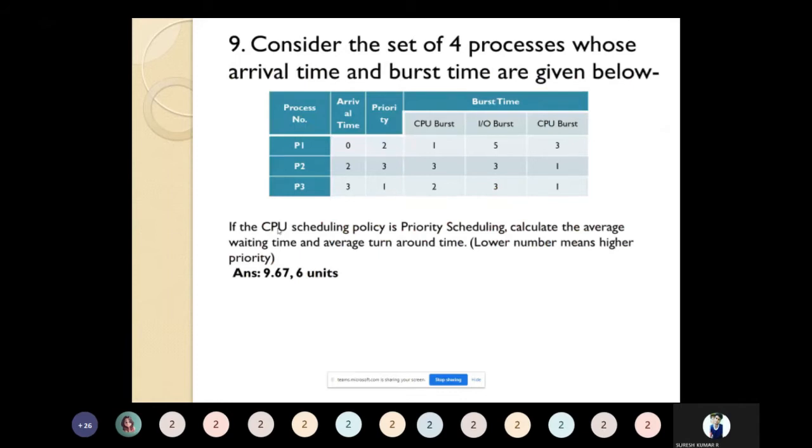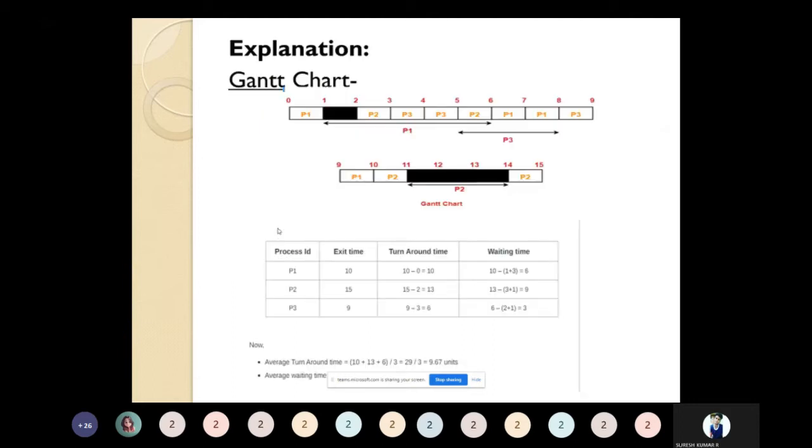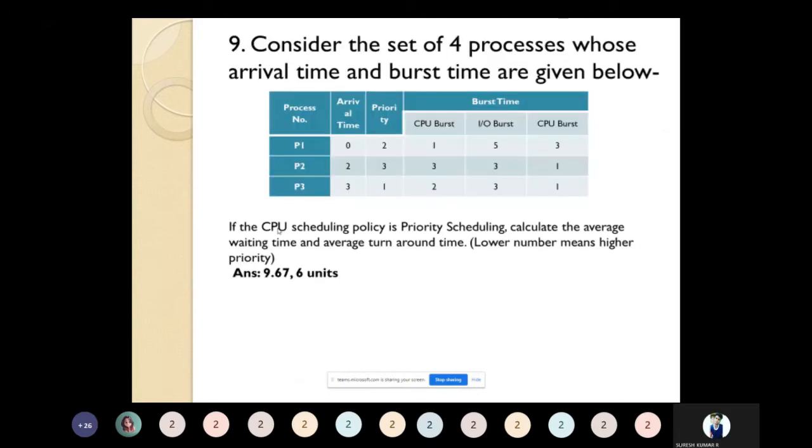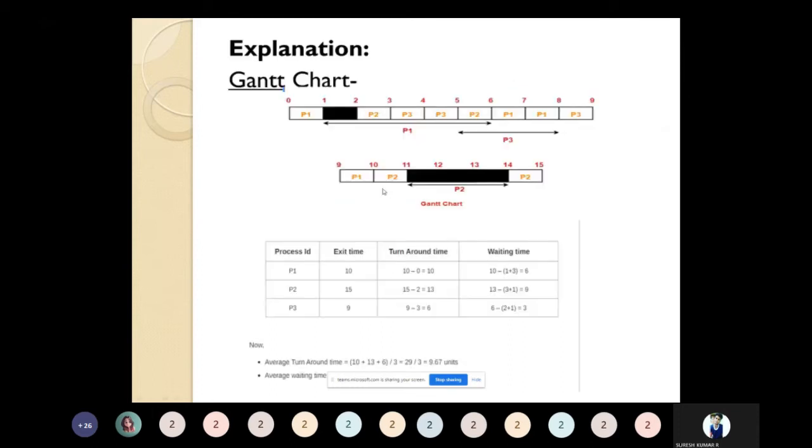Here priority scheduling is covered. In priority scheduling, the highest priority is taken first, then the second priority and third priority, but a process takes its place only once it has arrived.